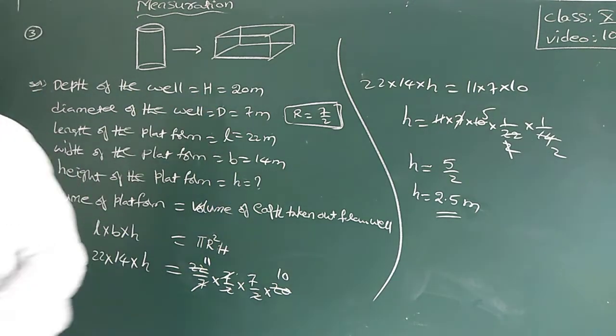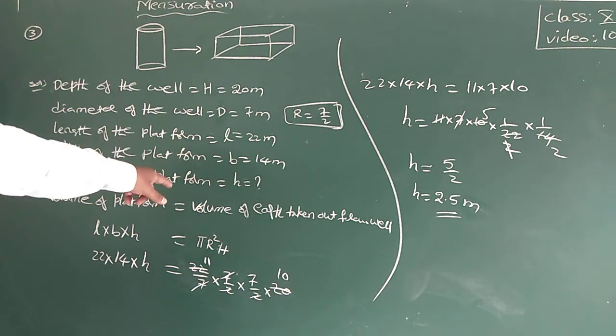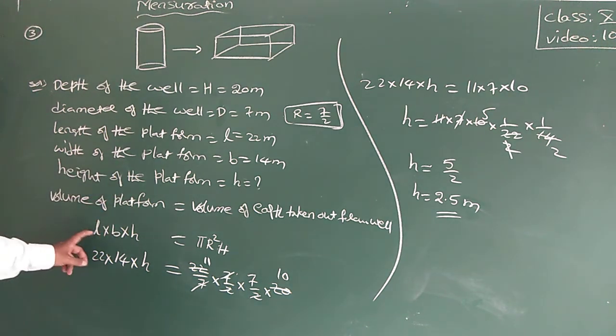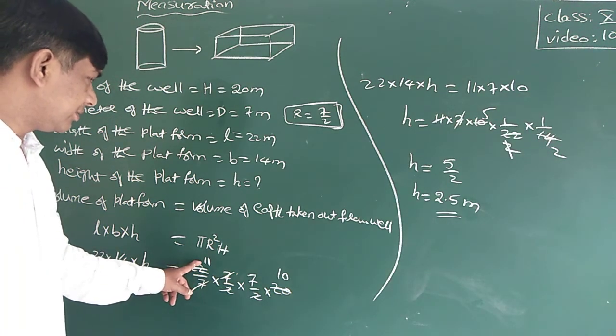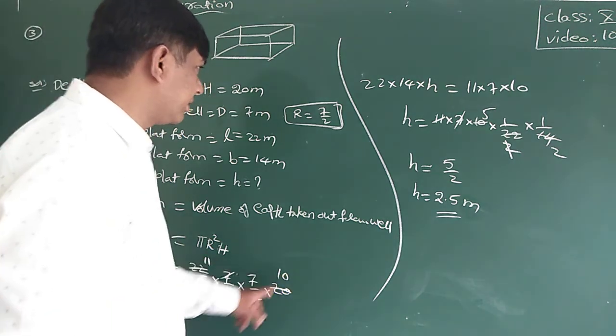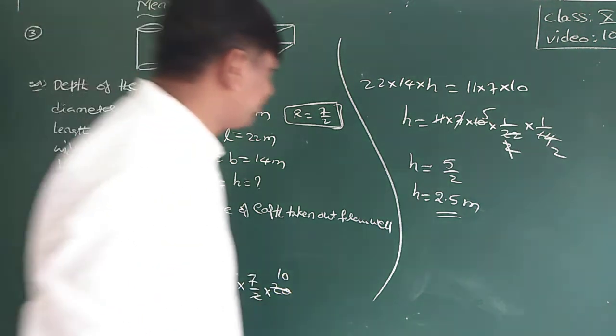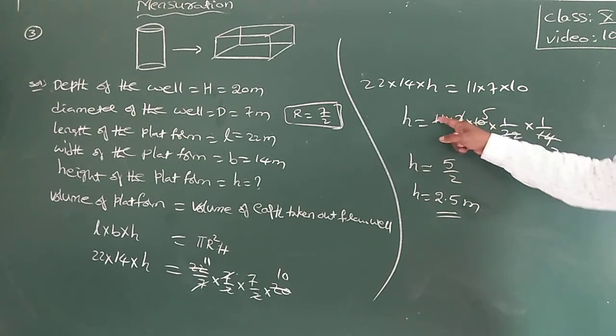Height 20 meters only, diameter 7 meters, length 22 meters, breadth 14 meters, and height we have to find out. 22 into 14 into H is equal to 22 by 7 into 7 by 2 into 7 by 2, radius, into height 20. 7 cancel. 2 ones are 2, 11s. 2 ones are 2, 10s. Left over is 11 into 7 into 10, into 1 by 22 into 1 by 14.